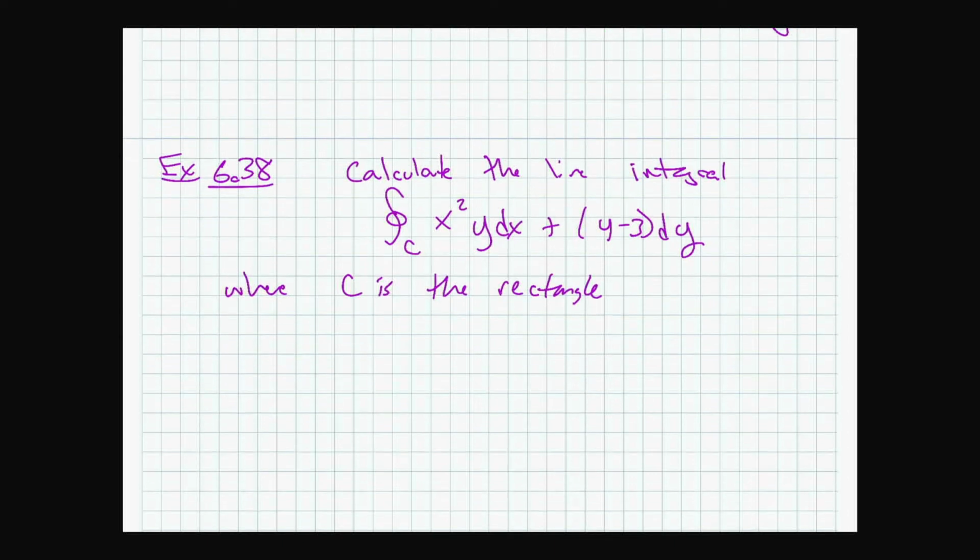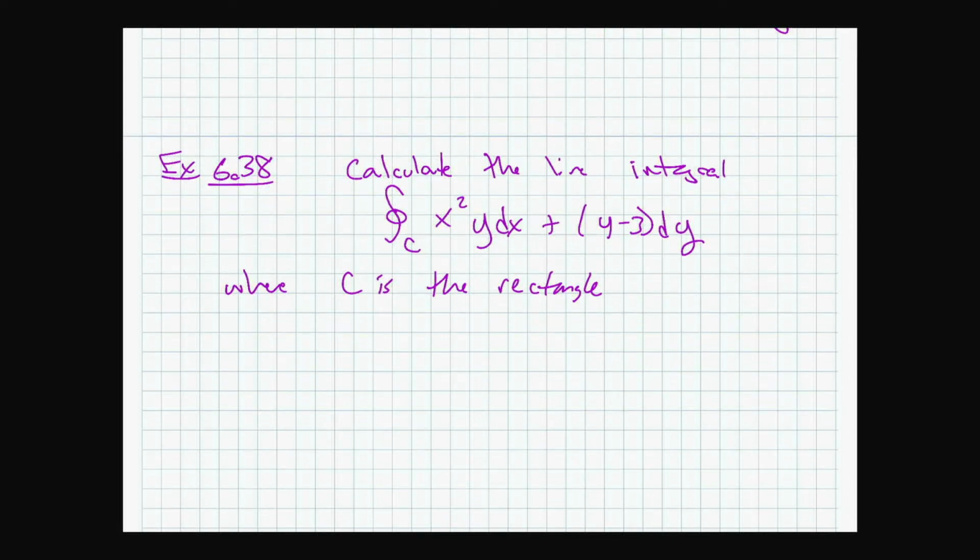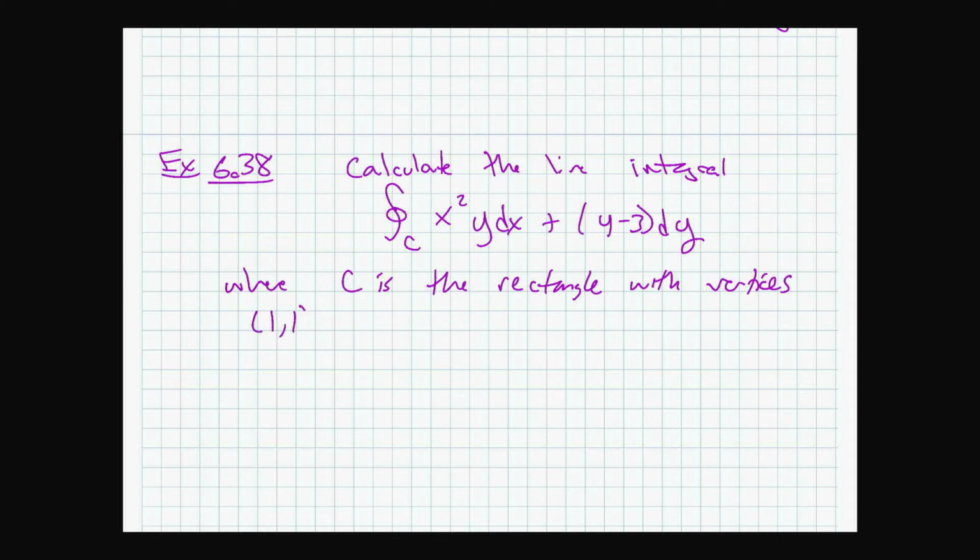And the reason I was wishy-washy on this is that there's four pieces to the boundary here: (1, 1), (4, 1), (4, 5), (1, 5), and oriented counterclockwise.